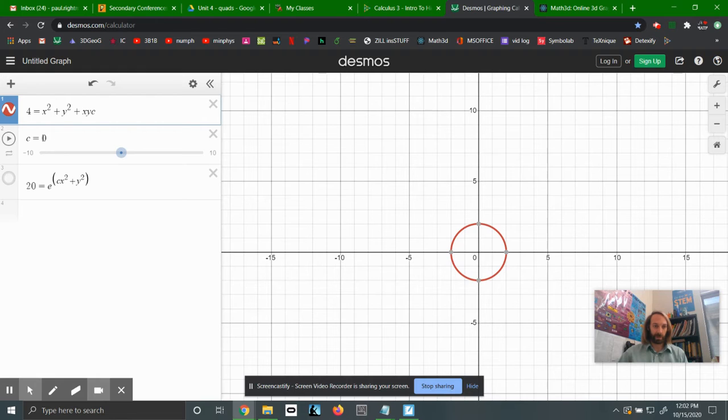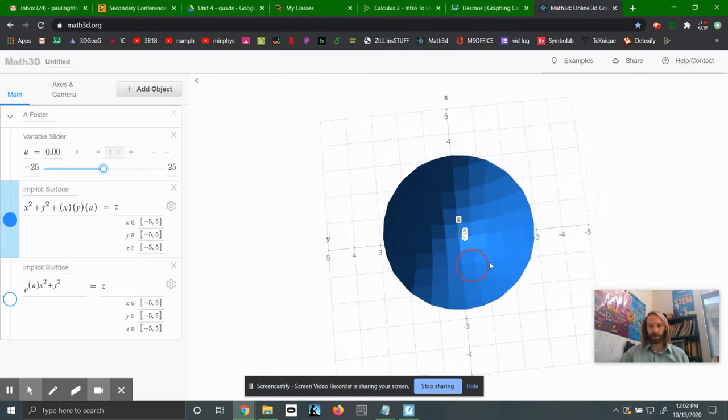So when c equals 0, you just kill off this x, y, c term, and then you're going to just get circles, right? And so you got to think about what 3D object would have cross sections that look like circles. And it's probably not too hard to think that it would be something like this.